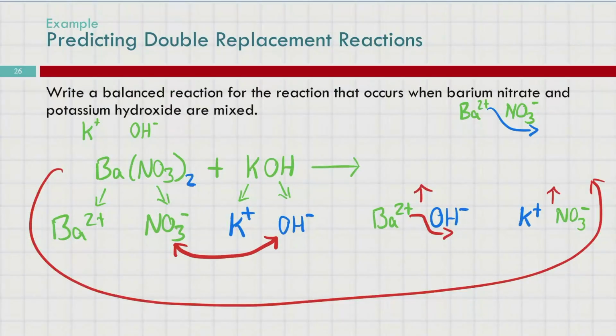So we'll recombine those as our products. So Ba(OH)2 and KNO3.